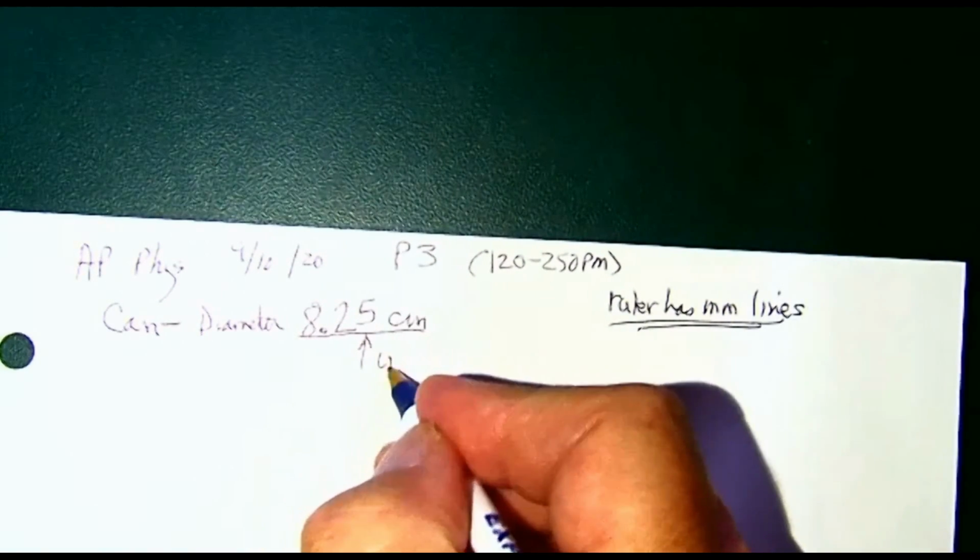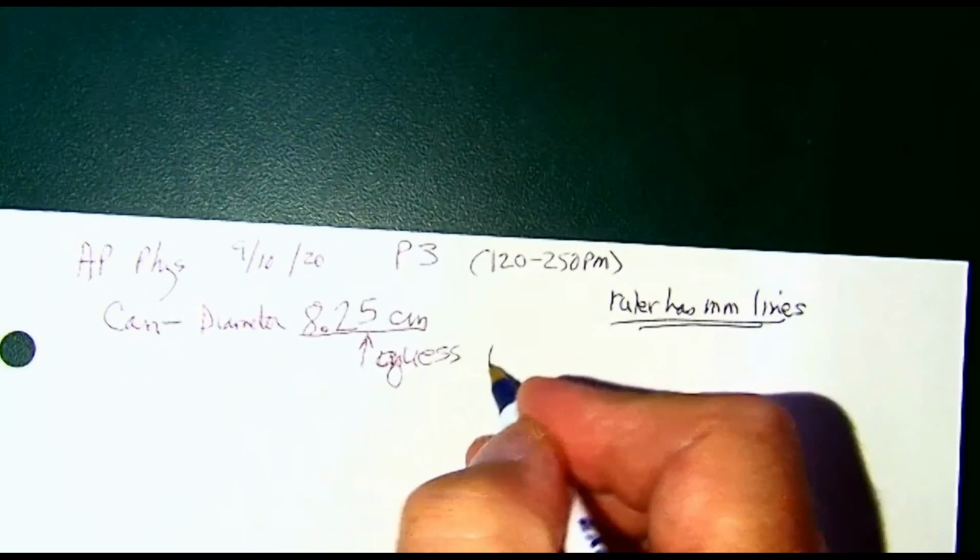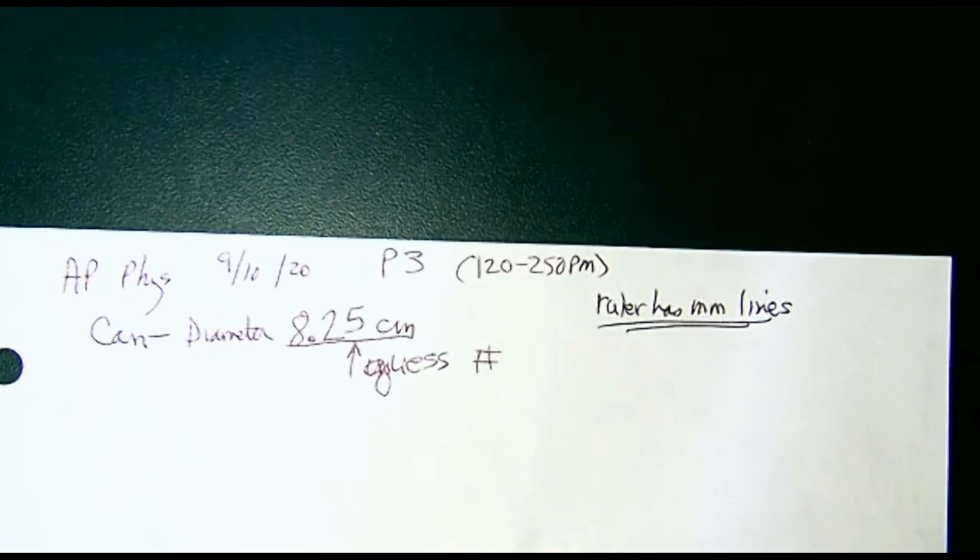So this is uncertain. This is your guessed number. You always write down a guess number for your instrument. The more expensive your instrument, the more information you can write down, and you don't have to guess until it's smaller and smaller. So that's okay. This is just a cheap millimeter ruler.